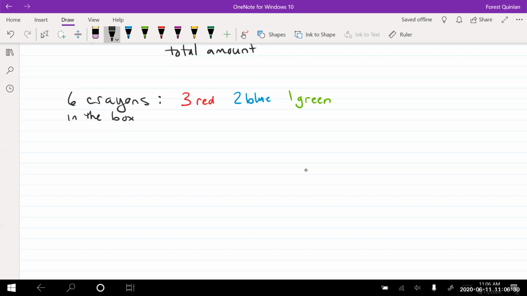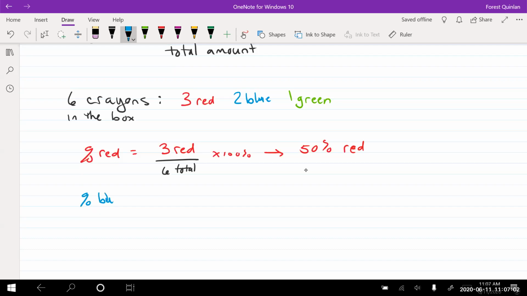It really is this simple. So I'm just going to do it real quick for you. The percent of the red is equal to the 3 red over the 6 total times 100%, which many of you will say is 50% red. We'll march down for the other 2.